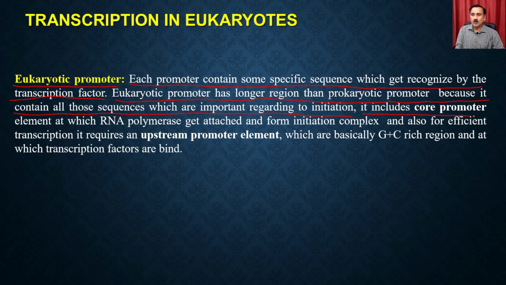It includes the core promoter element, at which the RNA polymerase gets attached and forms the initiation complex, and for efficient transcription it also requires the upstream promoter element, which is basically a GC-rich region at which the transcription factors are going to bind.